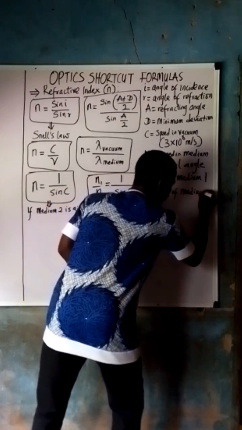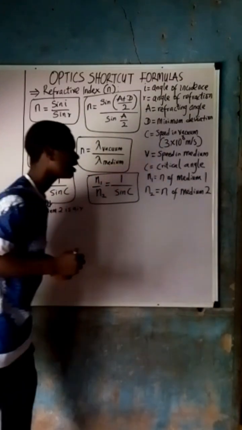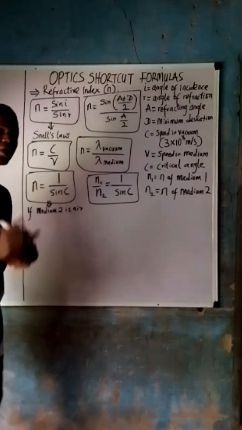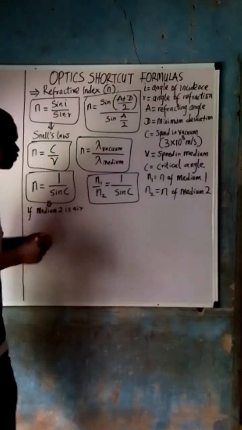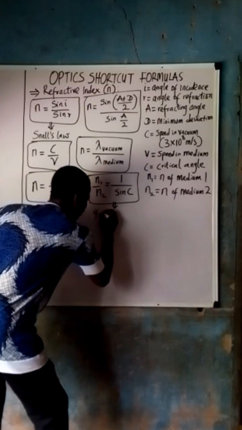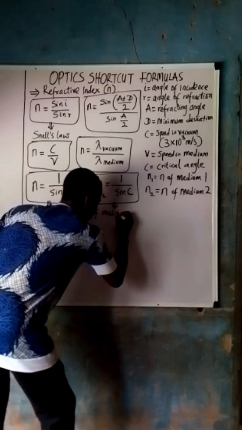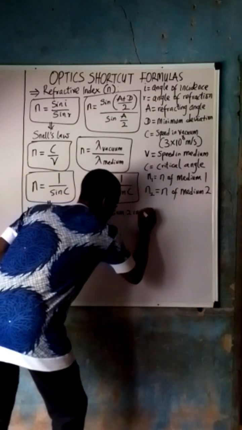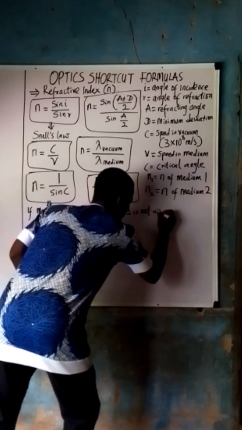Be taking note of all these important formulas. They will save you a whole lot of stress. If the second medium is not air, you will use this formula. So I'll write: if medium 2 is not air. So this is for that.